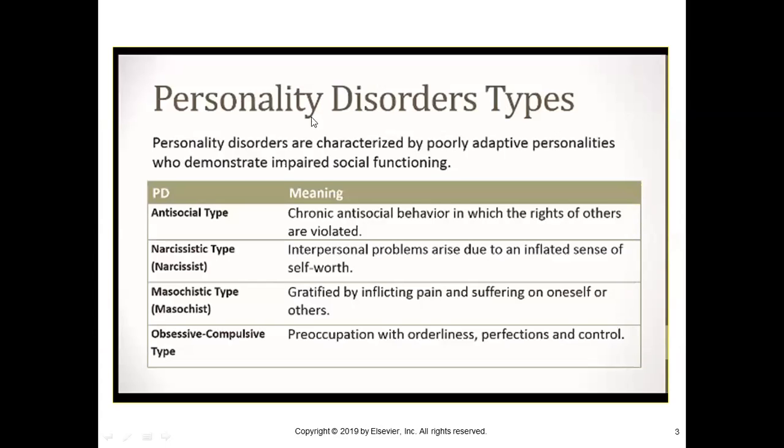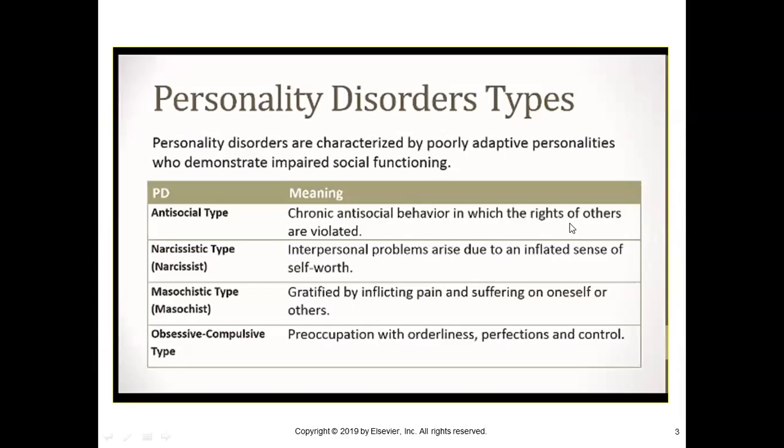Personality disorder types: antisocial, narcissistic type, or masochistic type, or obsessive compulsive type. So antisocial is a chronic antisocial behavior. Basically, this is the personality disorder.